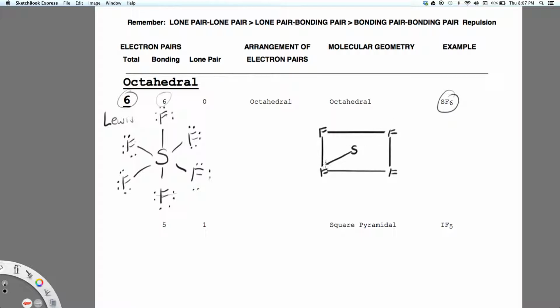That's going to be our wedge going to that fluoride. Then I want to draw another wedge over here. So those are coming out. Then I'm going to draw back to this fluorine my dashes.